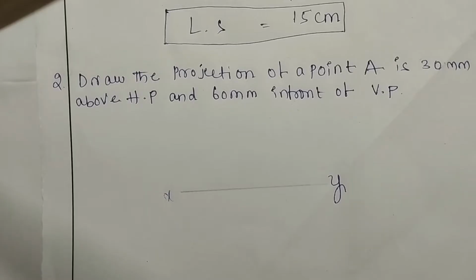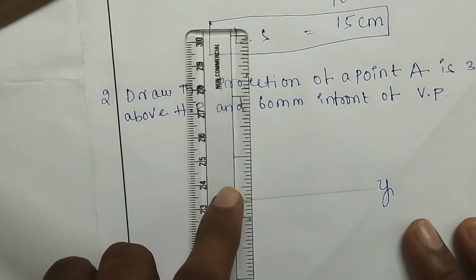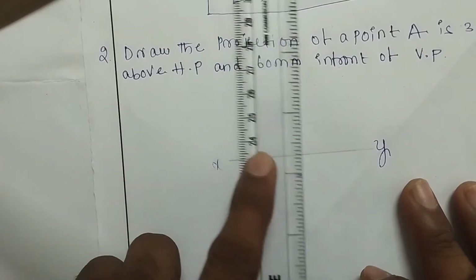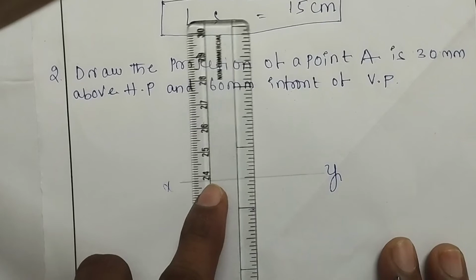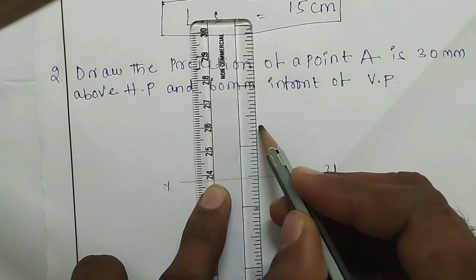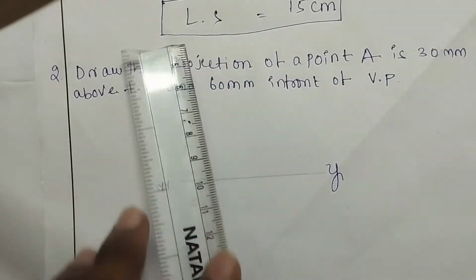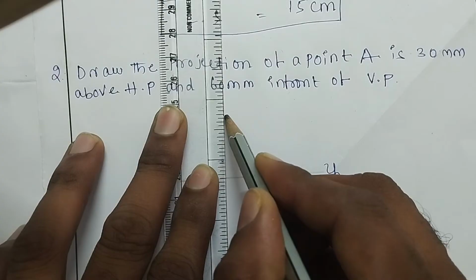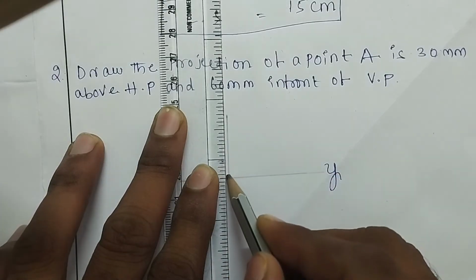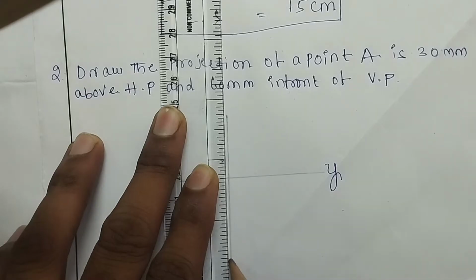So I am directly writing here. I am not going to explain every term in the coordinate system, the first, second, third and fourth coordinates. Simply, for point A, we need to measure 30 mm, taking nominal lines as 30 and here as 60.